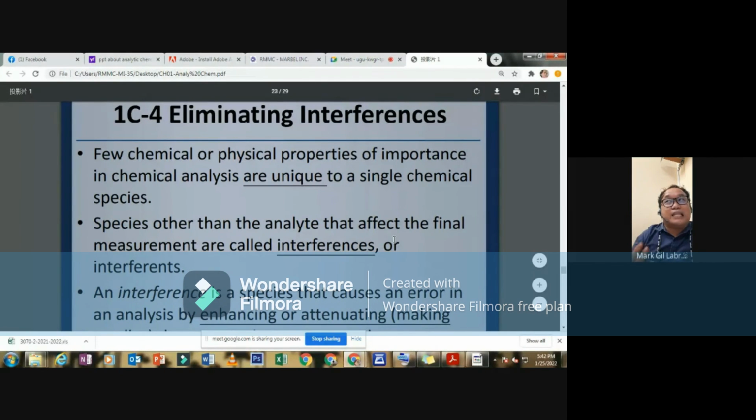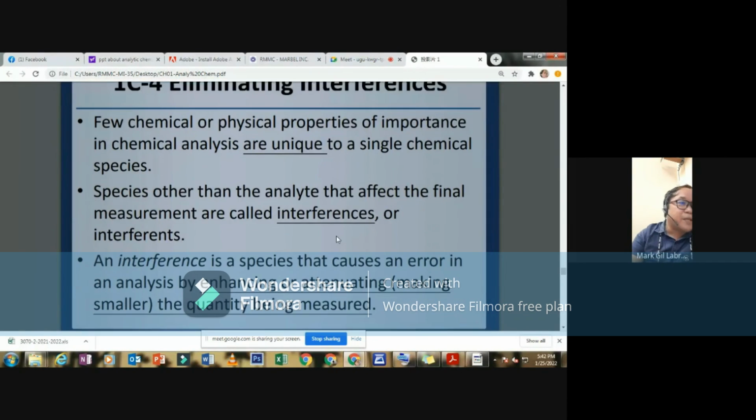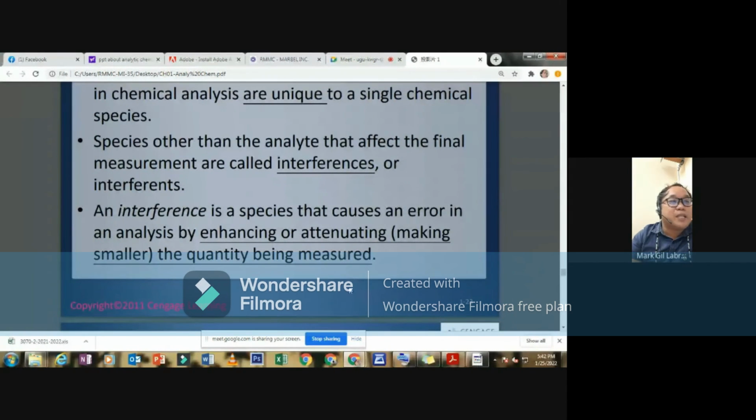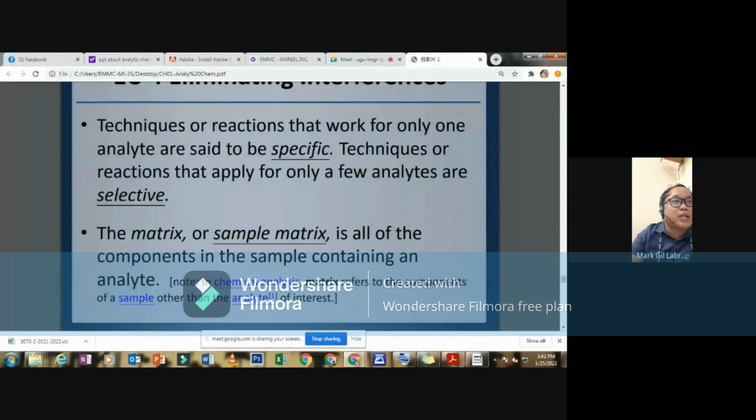Halimbawa, nag-heat ka, nagpa-boil ka, meron yung mga few chemicals or some physical properties yan siya. Now, an interference meaning those are species that cause an error in an analysis by enhancing or attenuating, making smaller the quantity being measured. Kasi sometimes chemical reactions, meron talaga yung may lalabas na ibang chemical.